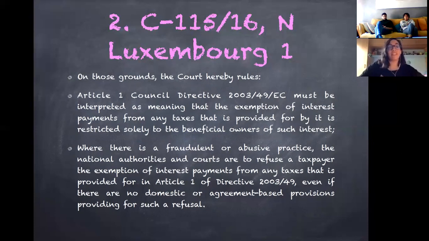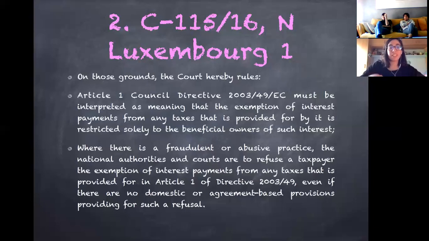Article 1 of this Interest and Royalties Directive must be interpreted as meaning that the exemption of interest payment from any withholding tax provided for by it is restricted solely to the beneficial owner of such interest. So for the application of this directive, it is necessary that the beneficial owner be a company inside the European Union, incorporated or registered under European Union law.